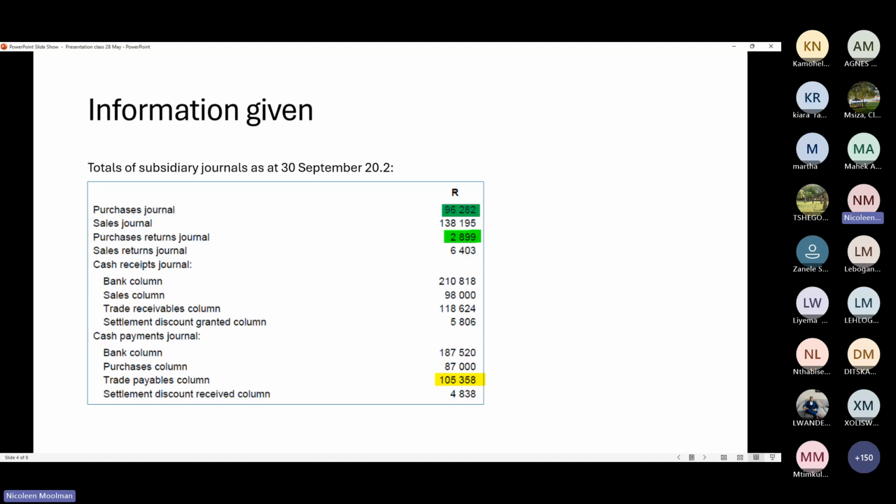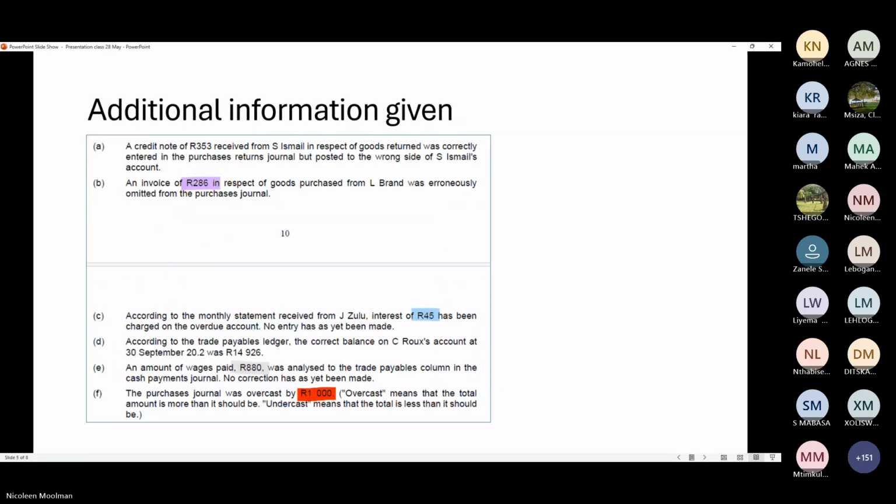Then what they have also given us for information purposes were some of the balances, like your purchase journals, your sales journals, and the values you can see on the screen. They've also given us additional information, which is there to help you correct the balances they've given us.